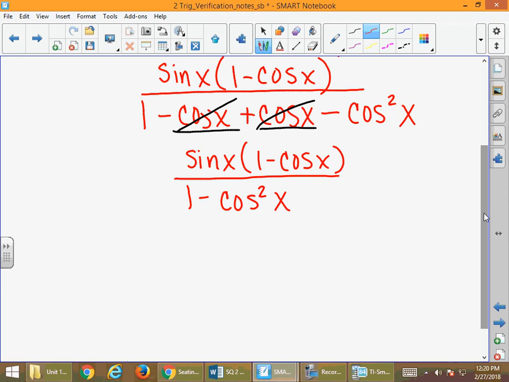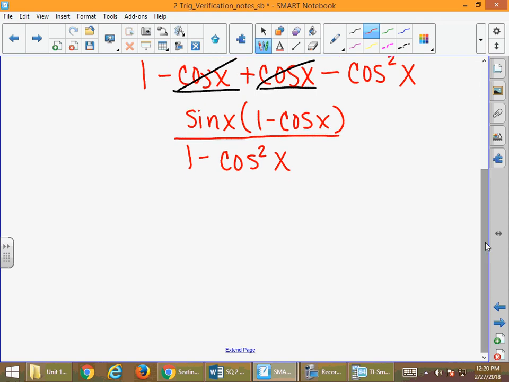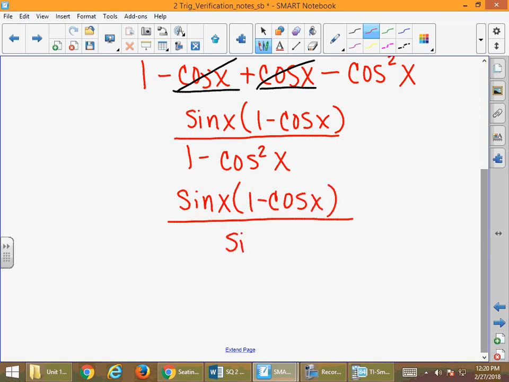And as we look at our yellow papers, 1 minus cosine squared of x, do we have a Pythagorean identity that's going to help us with that? And we do. 1 minus cosine squared of x is sine squared of x.